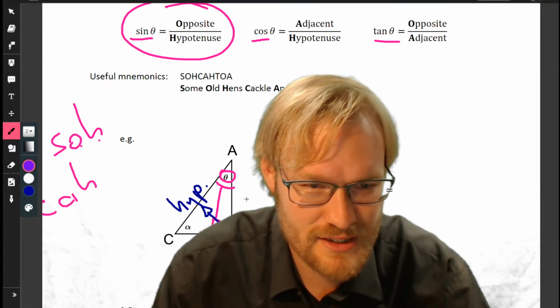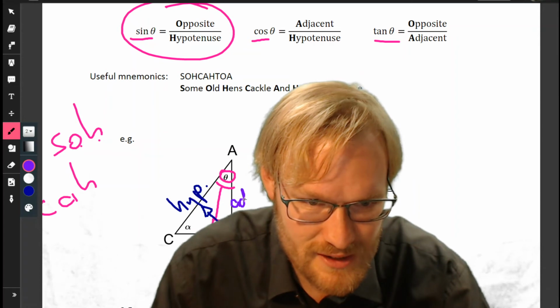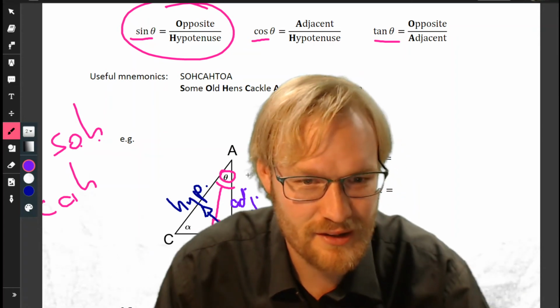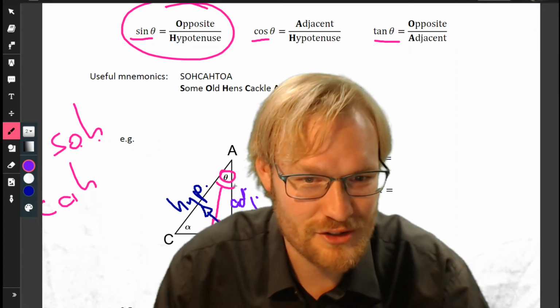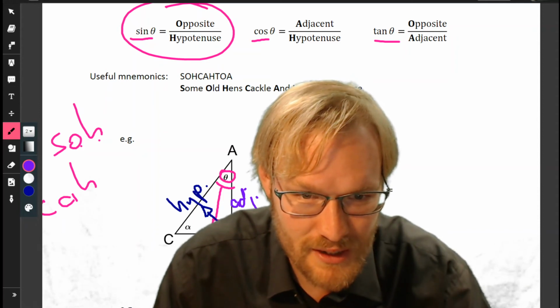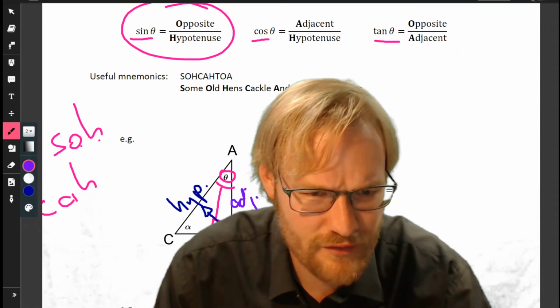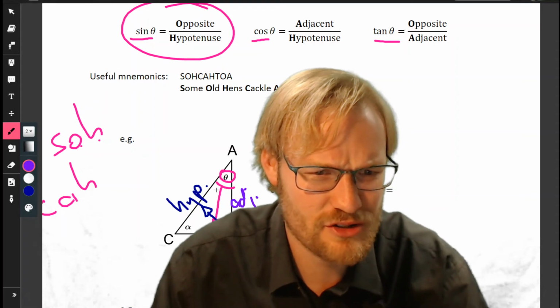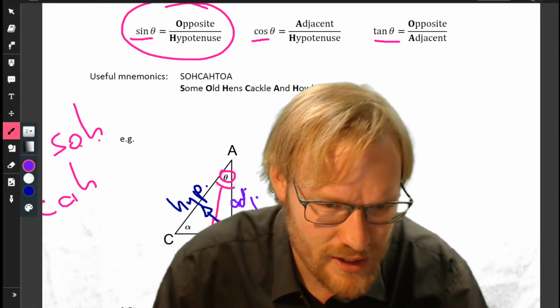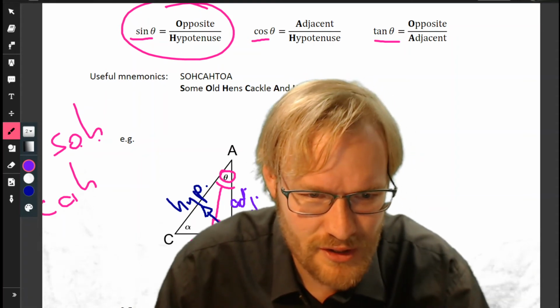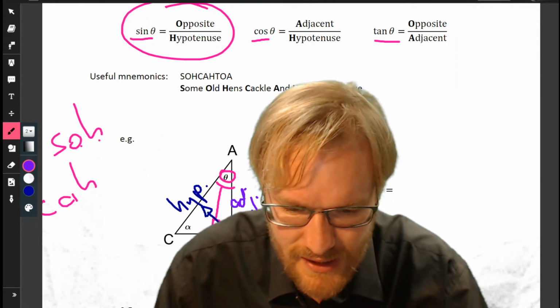Where's our adjacent side? Here it is. It's next to theta. So this one would be AB over the hypotenuse. Hypotenuse hasn't changed and won't change. It's always the other side of the right angle. So that one's over AC.